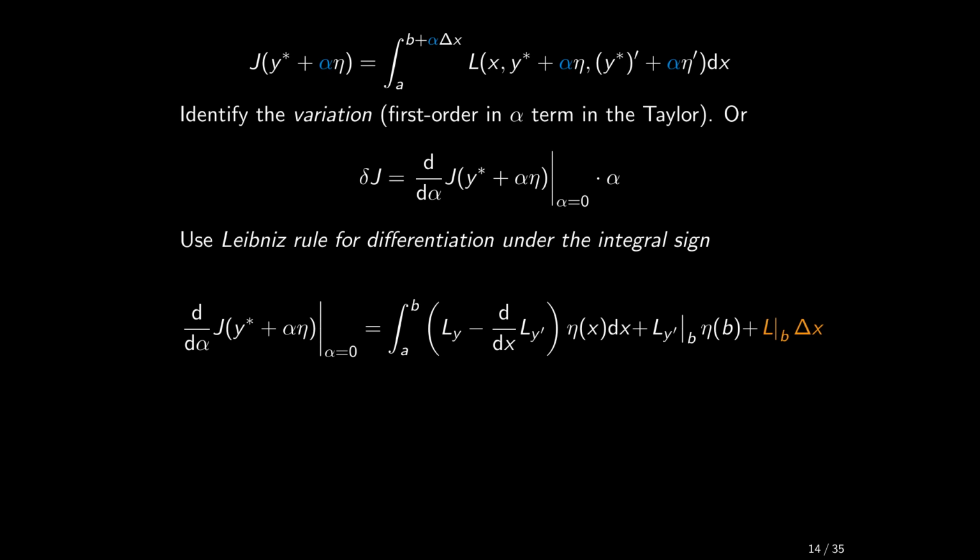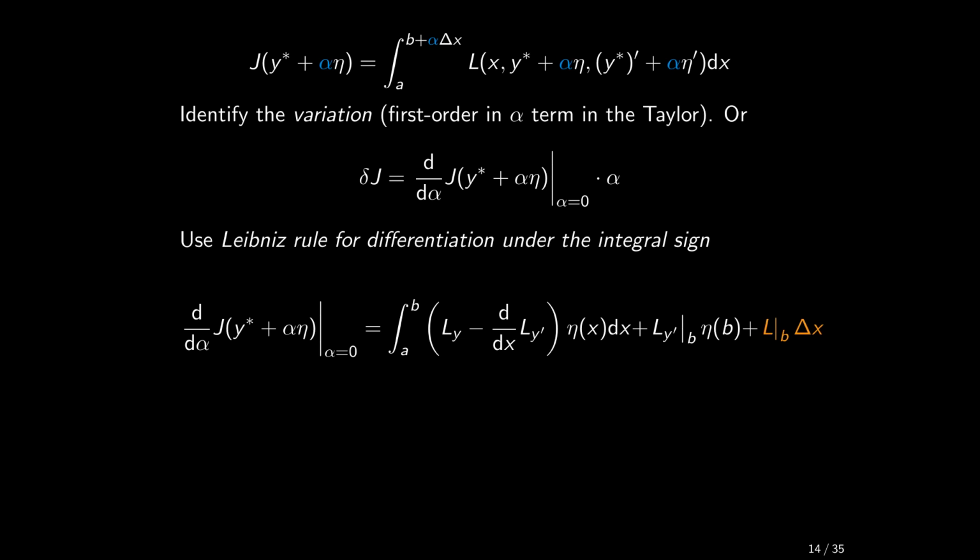We get three terms. The first one, the integral, is already well familiar to us, isn't it? But the same holds for the second term. We have found this one in the lecture in which we developed conditions for fixed interval but free value of the function at the end.